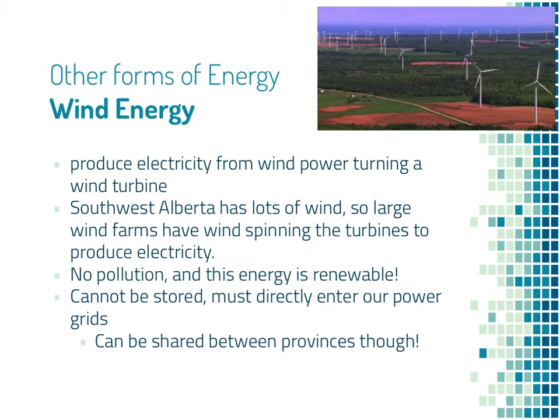However, it cannot be stored, so any power that's generated by a wind energy station is directly put into the grid. However, if energy isn't being used or needed in the grid, it is wasteful. However, if we start sharing between provinces, perhaps we don't really use a lot of hydroelectric. Maybe we could switch with BC for some of our wind energy. That's a thought that has crossed some people's minds.